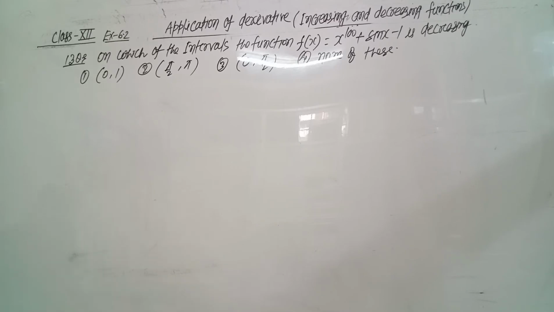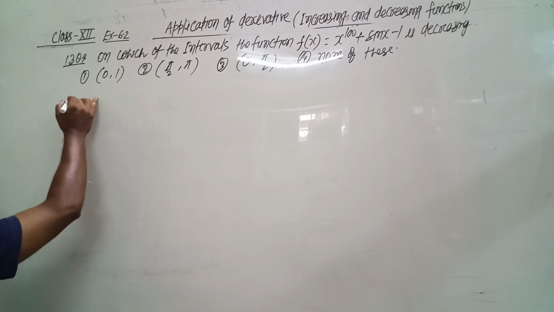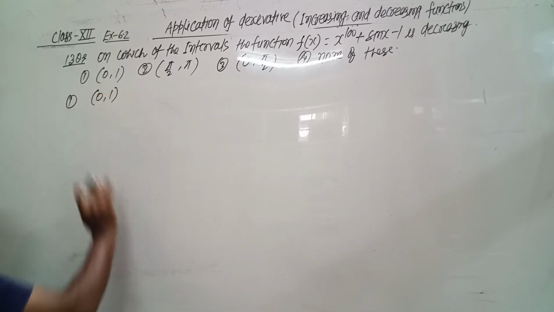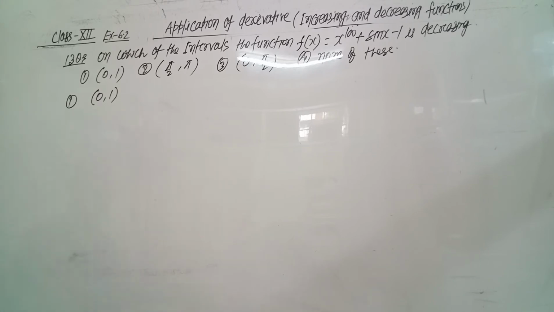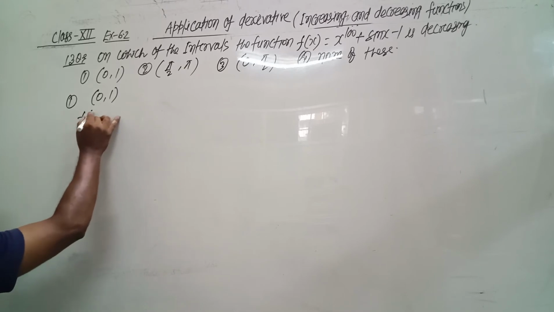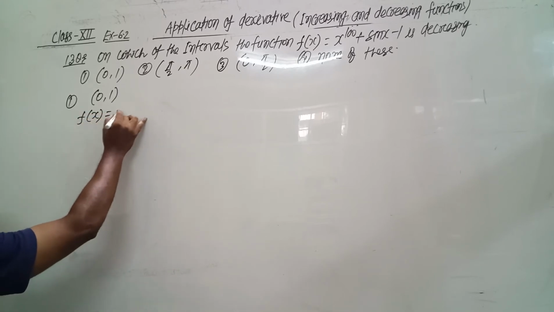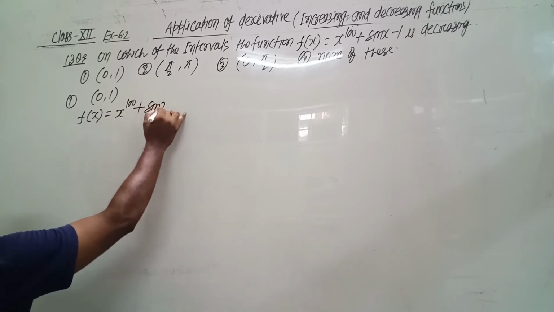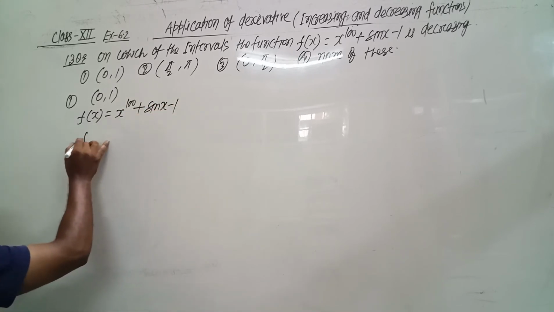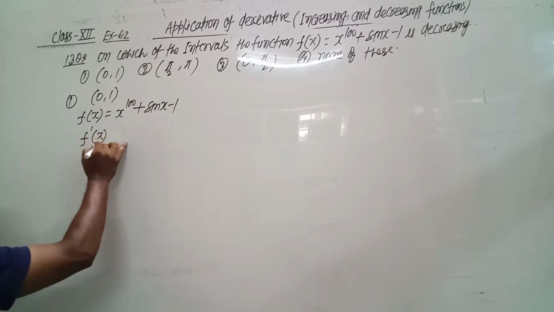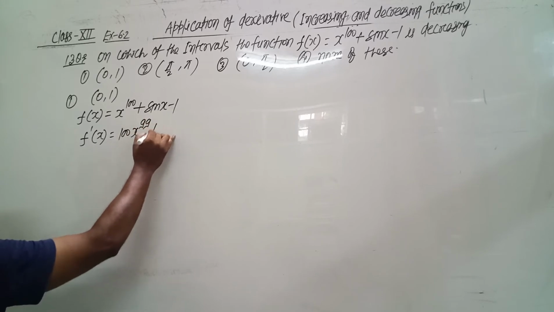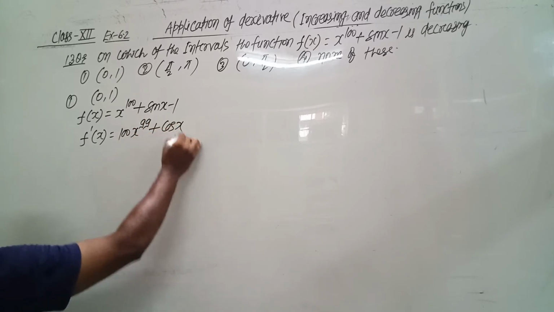So the first, from 0 to 1, we have been given f x equals x raised to the power 100 plus sin x minus 1. We find f dash x: 100 into x raised to the power 99 plus cos x.